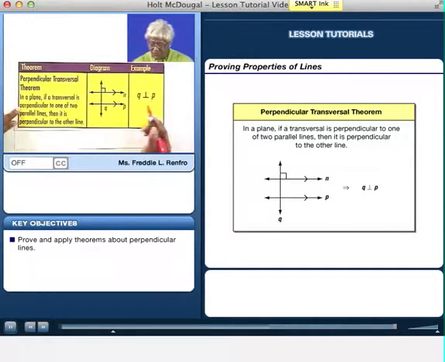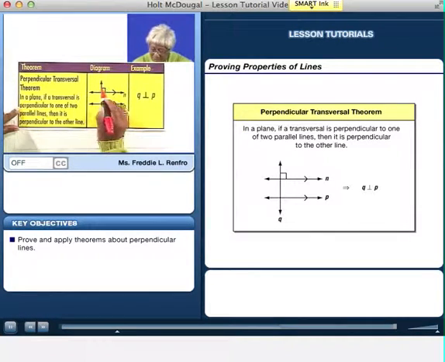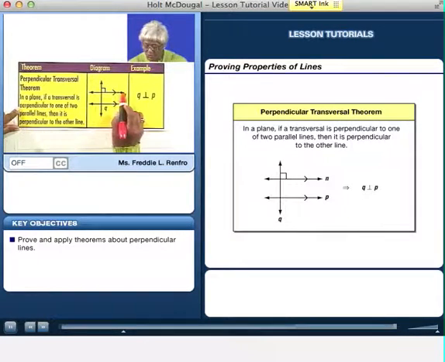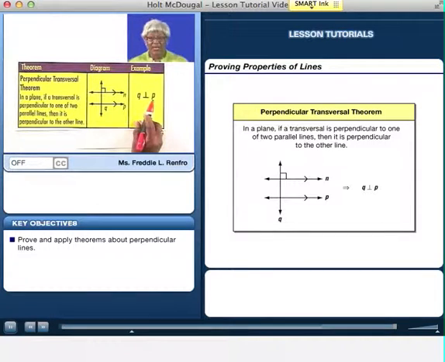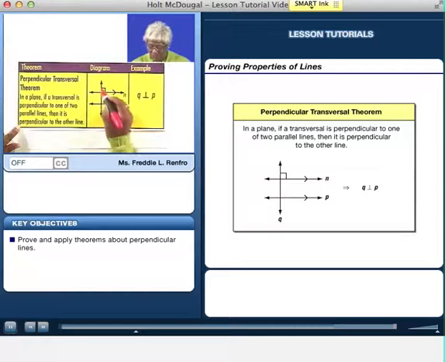If you have a transversal, here's our transversal, and if it is perpendicular, notice the perpendicular symbol, to one of two parallel lines, these two lines are parallel, then we can say that this transversal is perpendicular to the other line.